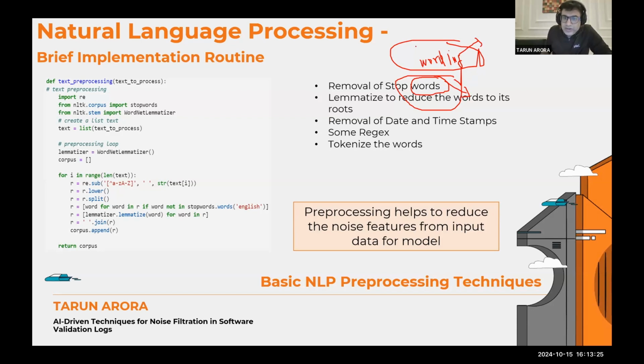When we do lemmatizing, it breaks these two words down into their root word, so it will create just one feature, which is called "word". So we are reducing these features into a single feature called a word.